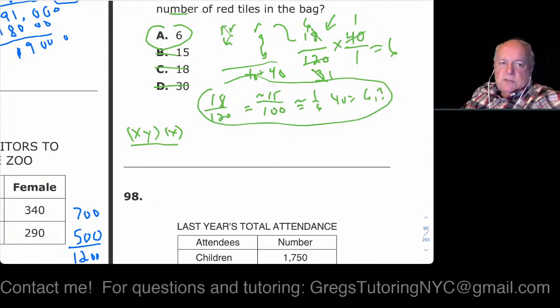So in this case, because the numerator means we can throw the parentheses away, x times y times x over y. We can throw this y out, and the answer would just be x squared.